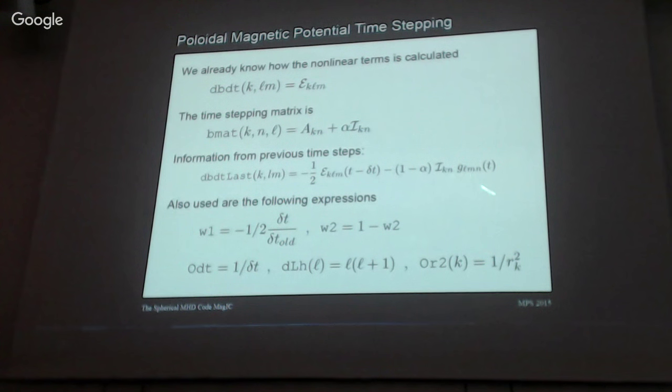Then we have the Chebyshev polynomials, which we also need here. These are called Cheb. This part here is the AKN, right? Then you also have this explicit part. This is the diffusion part, so the implicit part is just the diffusion.